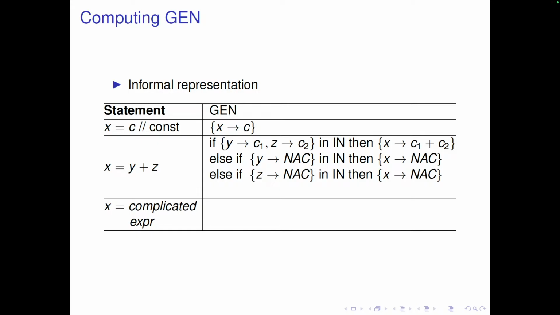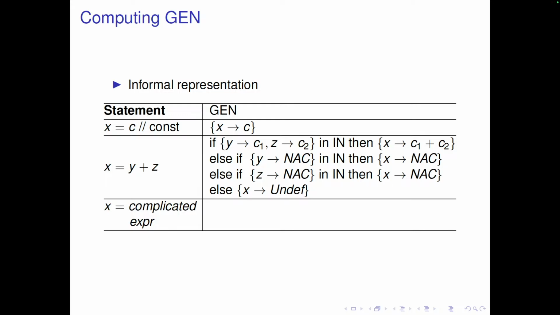Otherwise, y is not a constant, z is not a constant, so they are NAC, not even not a constant, so undef. So x is undef. Okay. So these are the kind of analysis you have to do on an operator. Again, this analysis might slightly differ if you have an operator. You can even do things which are slightly more interesting. What if my expression is x equal to y times z?